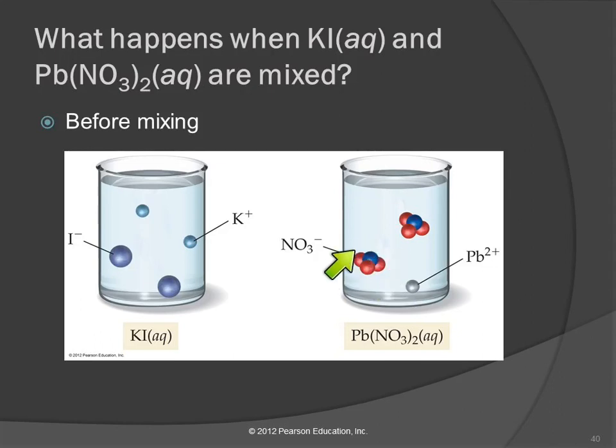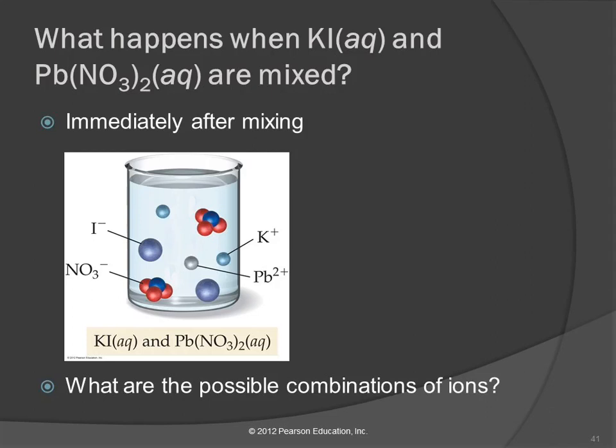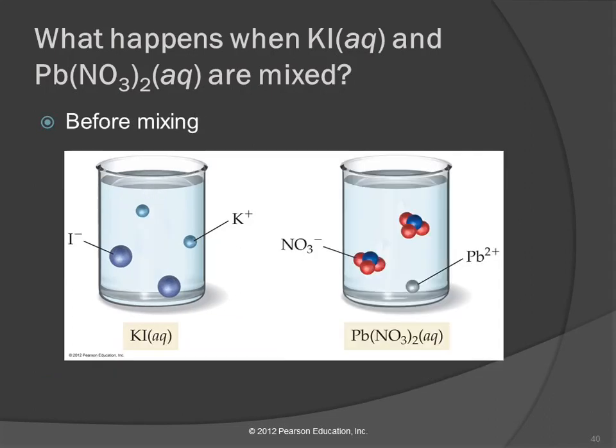The nitrate ions dissolve as an intact unit, but they're separate from the lead, and they're mixing around. Immediately after mixing, we have all of these ions together in one beaker. But now we have the potential for lead to interact with iodide and potassium to interact with nitrate. That wasn't possible before, because the lead and the iodide were separated from each other.